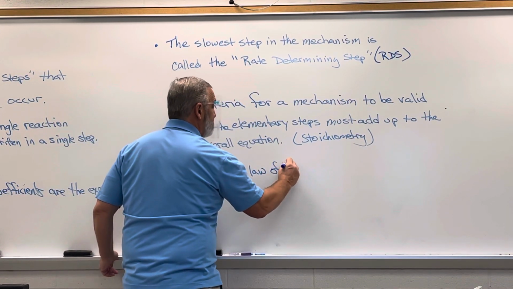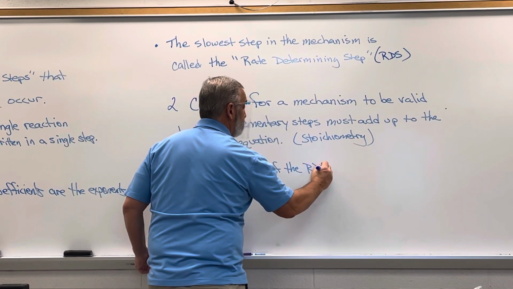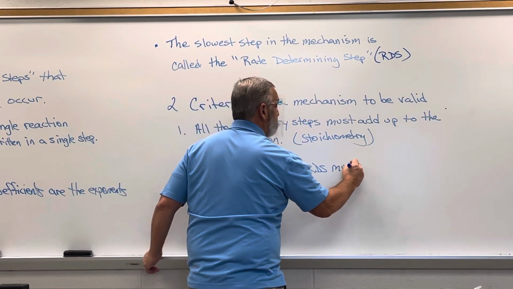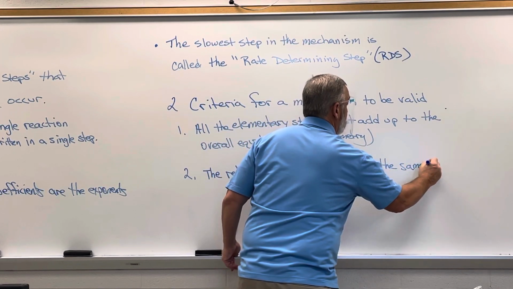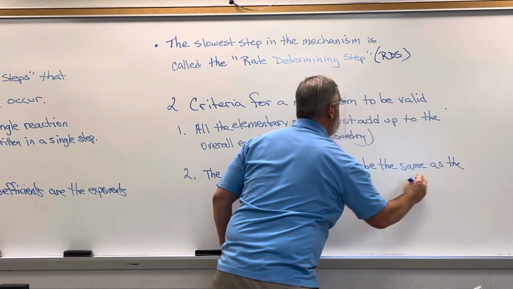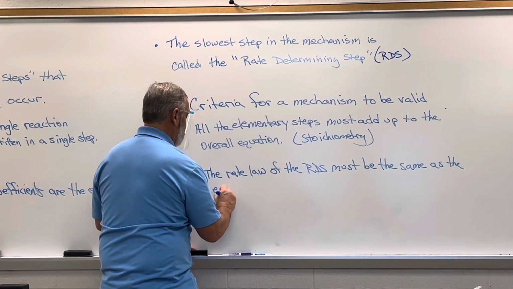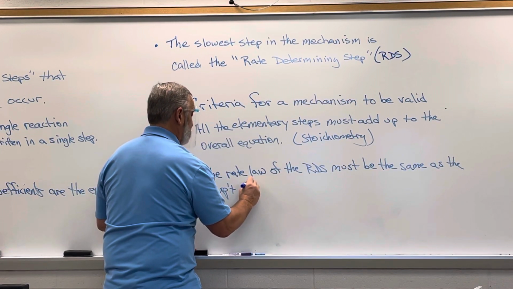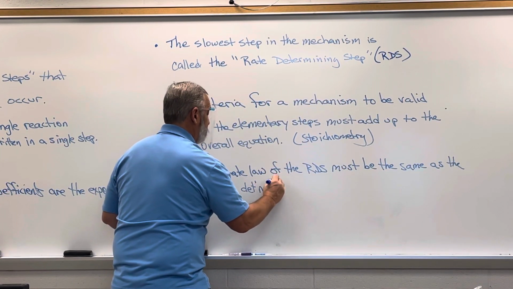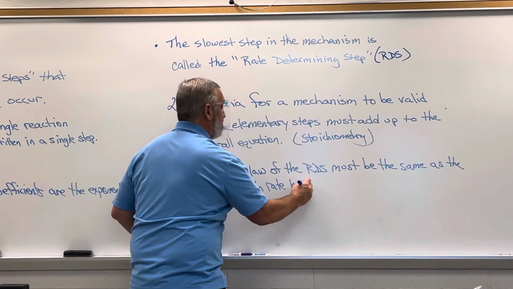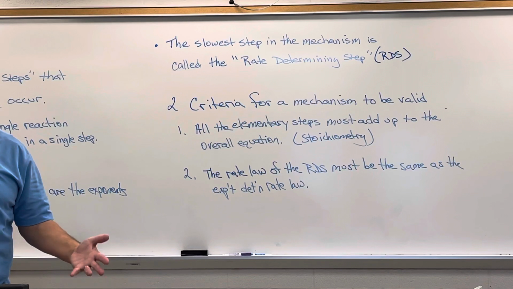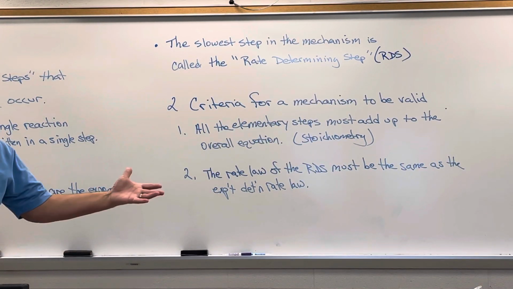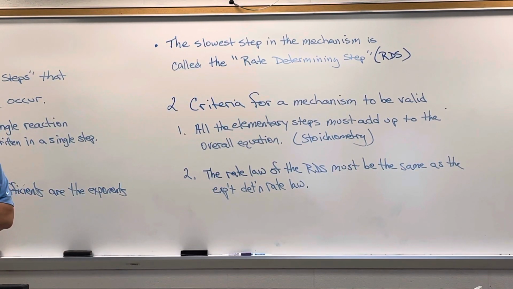of the RDS, the rate determining step, must be the same as the experimentally determined rate law. The experimentally determined rate law, that's what we do with the differential rate law, where we have, you know, X and Y, rate equals whatever.